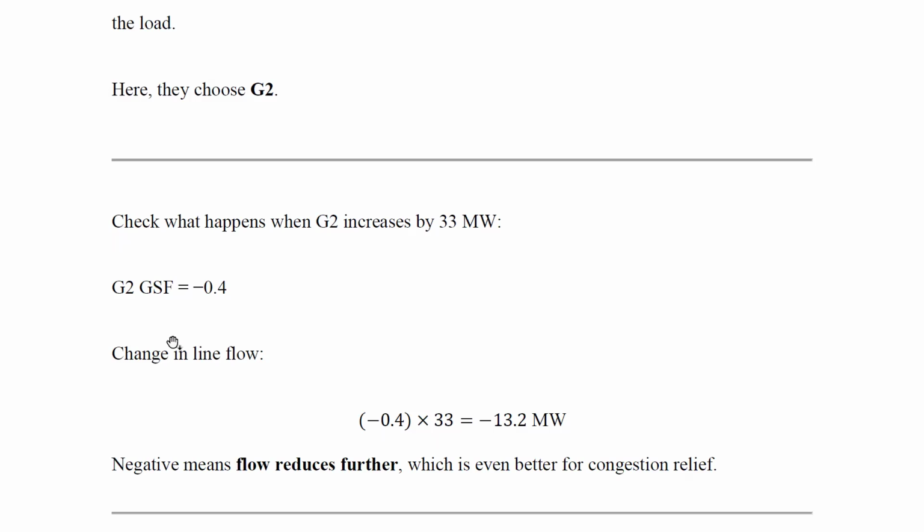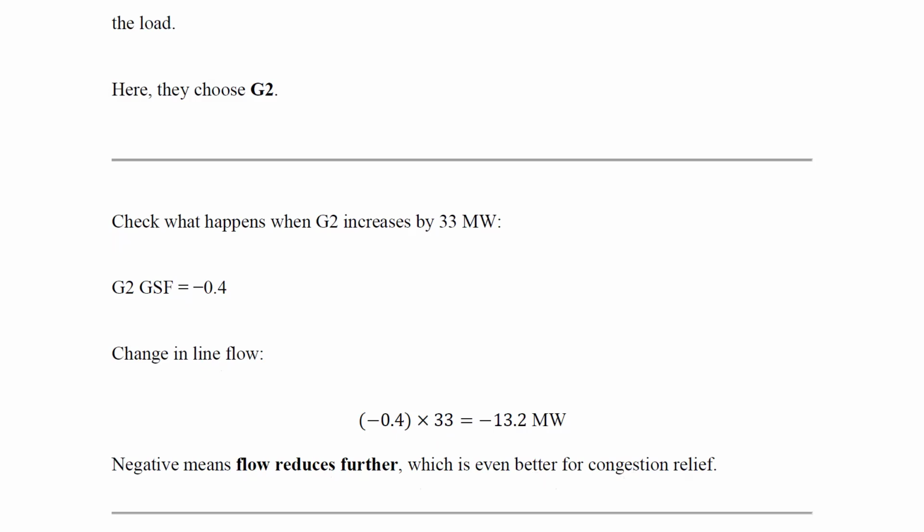So generator sensitivity factor is minus 0.4. The change in line flow is minus 0.4 times that generation change X, which we calculated as 33. If you multiply this, it comes as minus 13.2 megawatt. Negative means the flow is reduced further, which is even better for congestion relief.